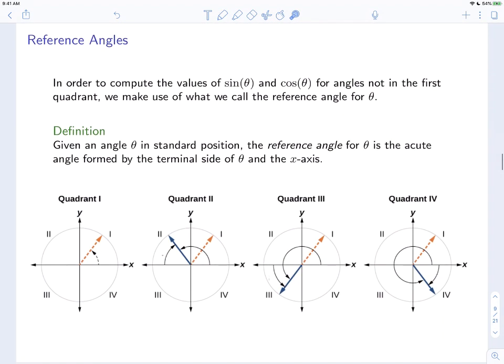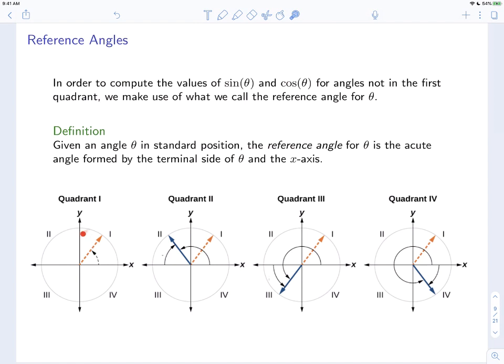The main reason we want to know about those angles is that we can use those angles to help us to compute the sine and cosine of a lot of other angles in the other quadrants. So in order to compute these values for angles not in the first quadrant, we make use of what we call reference angles. So given an angle theta in standard position, the reference angle for theta is the acute angle formed by the terminal side of theta and the x-axis.